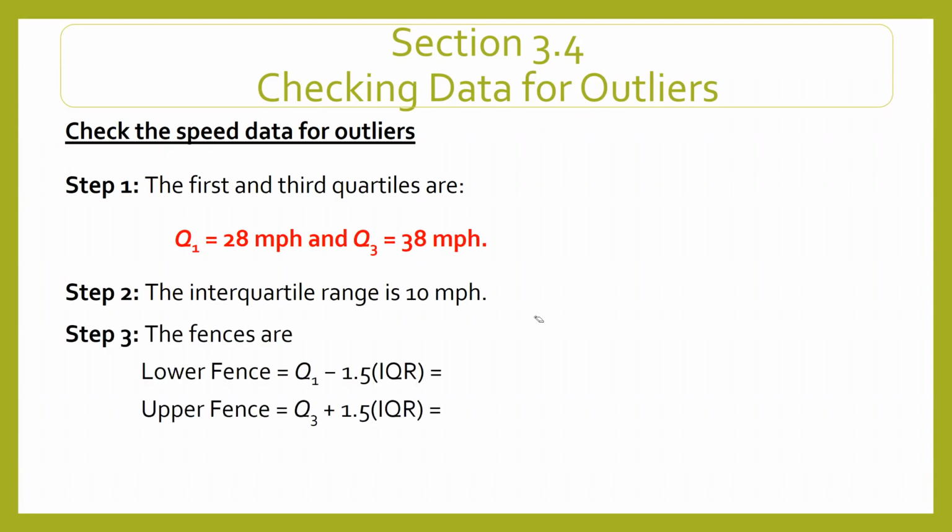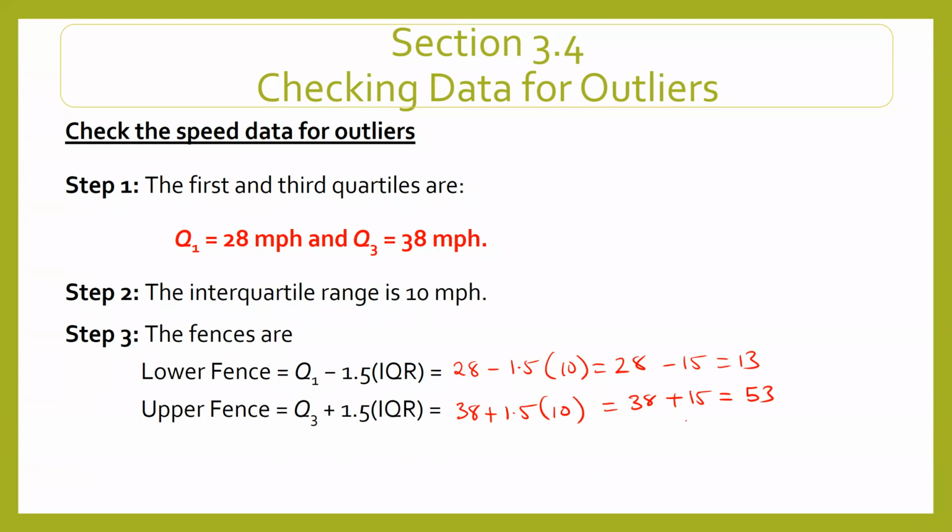Now for the fences, all we do is substitute. So the lower fence is Q1, which is 28, minus 1.5 times 10, which is 28 minus 15, which is 13. And the upper fence will be Q3, which is 38, plus 1.5 times the IQR, which is 10, so 38 plus 15, which is 53.